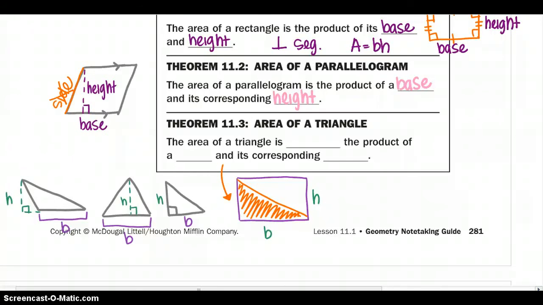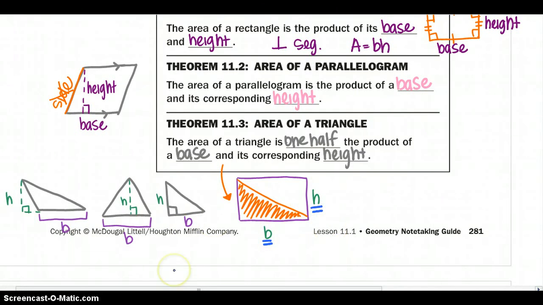And last, the area of a triangle. The area of a triangle is 1/2 the product of a base and its corresponding height. I like to think of a football field. If I want to find the area of my football field, of course I'm going to take my base times my height.